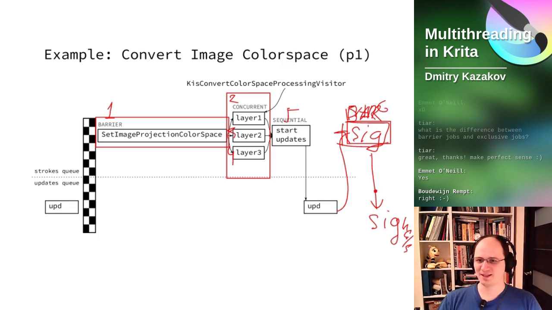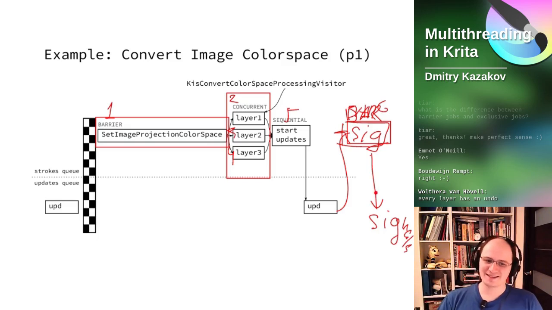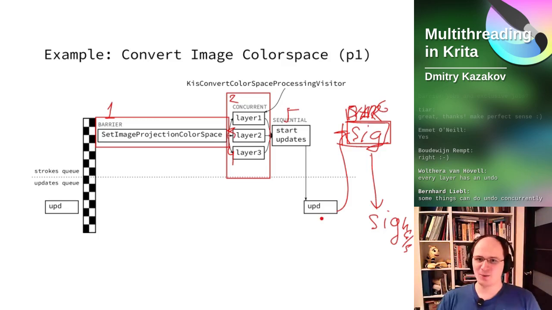I hope someone has already guessed what happens then. Well, the problem is a bit different. The problem is that when we call do, so when the user, yes, they can do undo concurrently, but it is done in reverse order.